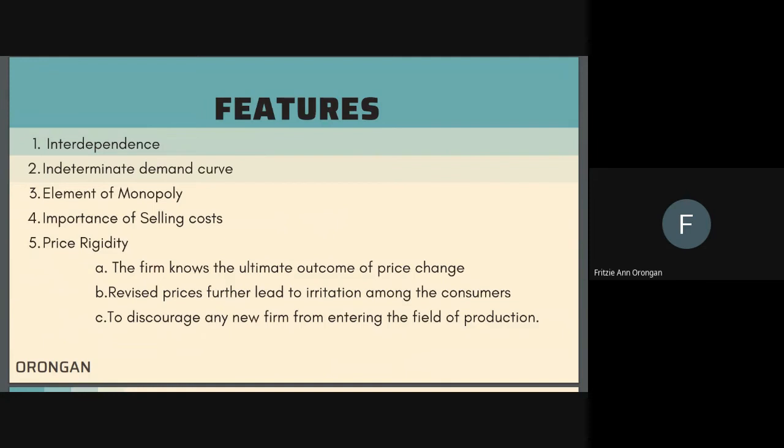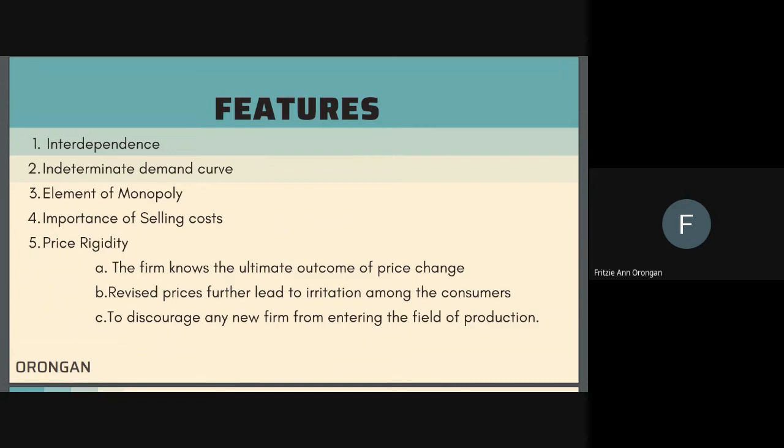The firms under an oligopolistic market employ aggressive and defensive weapons to gain a greater share in the market and to maximize sales. In view of this, firms have to incur a great deal on advertisement and other measures of sales promotion. Thus, advertising and selling costs play a great role in the oligopolistic market structure.